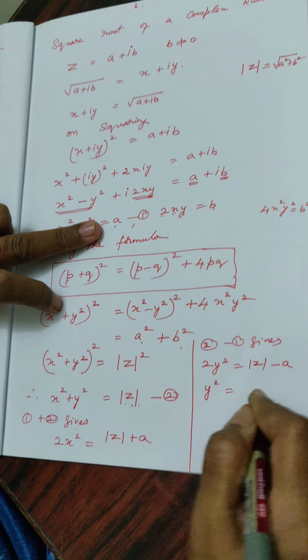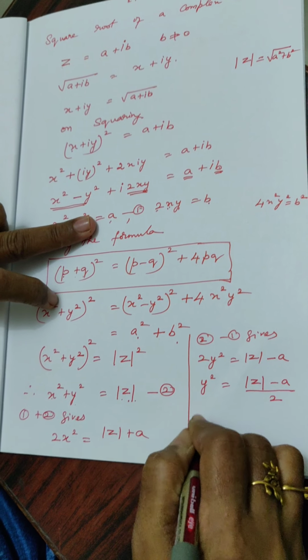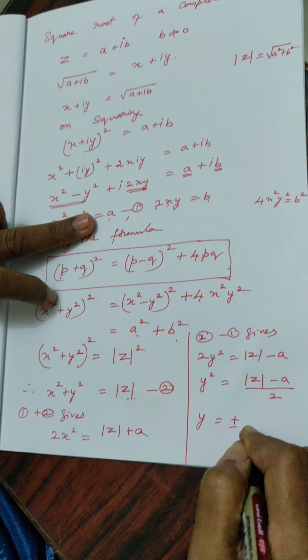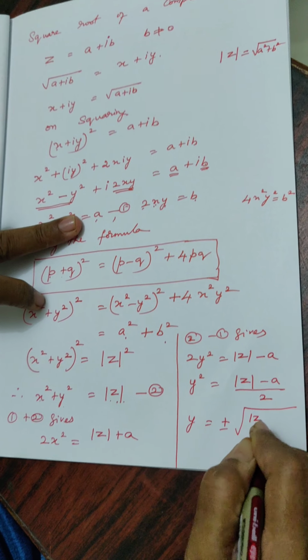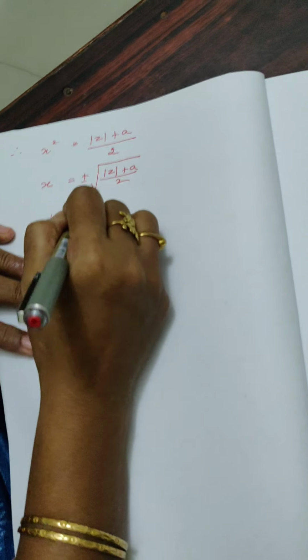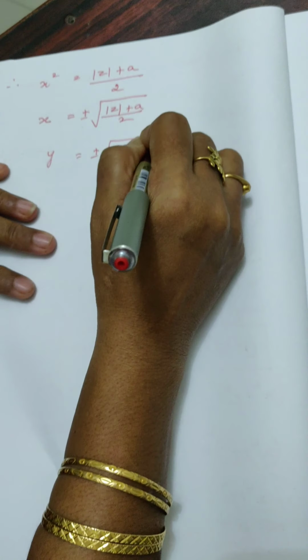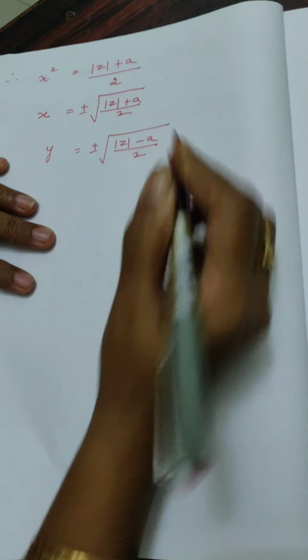Therefore y square is equal to modulus of z minus a by 2. Y is equal to plus or minus root of modulus of z minus a by 2. Clear? Now what is the value of y here? Y is equal to plus or minus root of modulus of z minus a whole thing divided by 2.